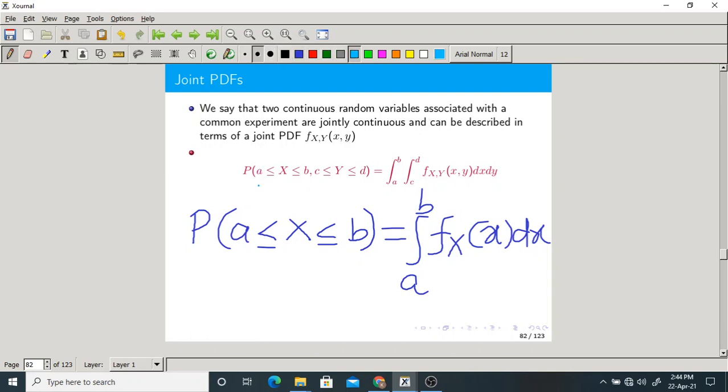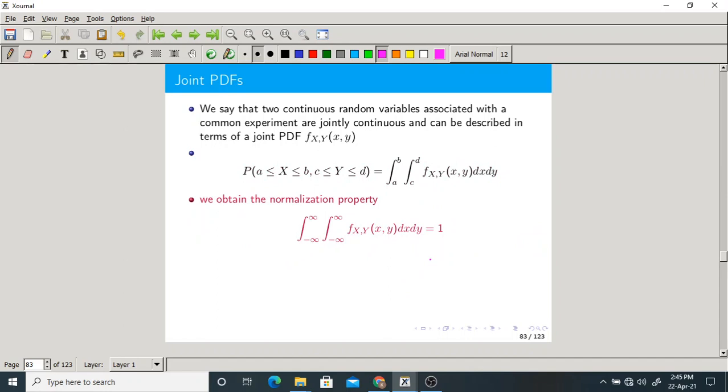So x is between a and b and y is between c and d. Then we write integration a to b, integration c to d, f of x comma y of x comma y dx dy. It is a double integration because we are dealing with two random variables. If you have three random variables, it will be a triple integral, and so on, just like our PMFs.